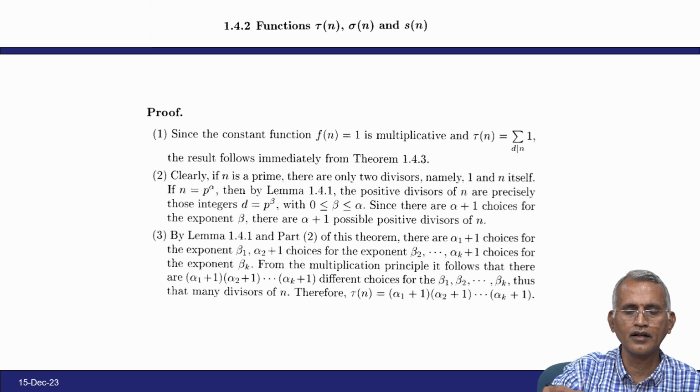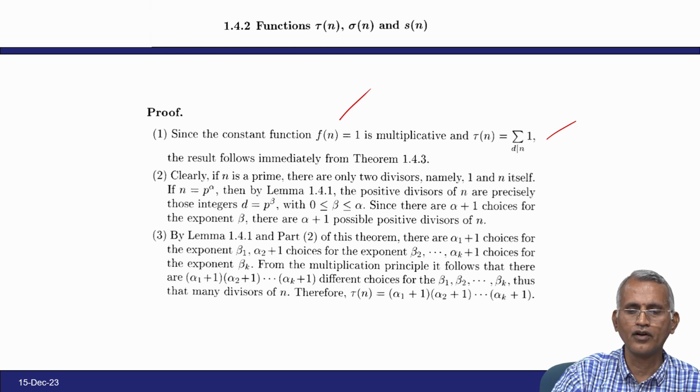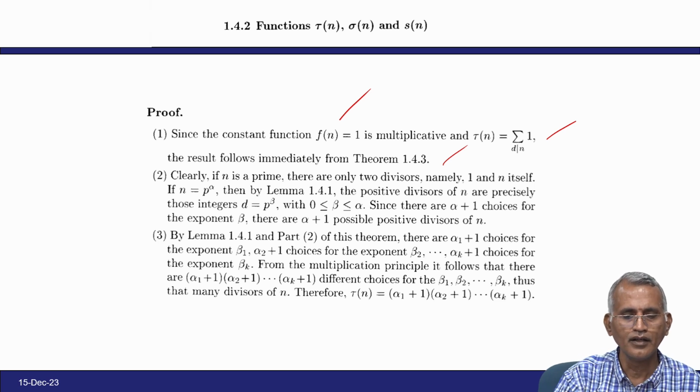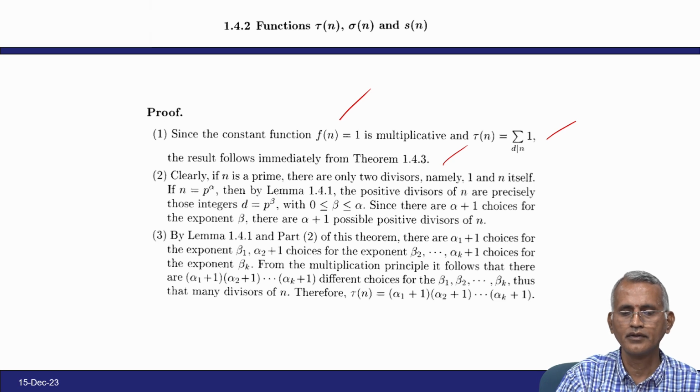Since the function is a constant function, f of n equals 1, therefore it holds, and then tau of n equals the summation over d dividing n of 1. The result follows immediately from theorem 1.43, as explained clearly. Clearly, if n is a prime, there are only two divisors, namely 1 and n itself.